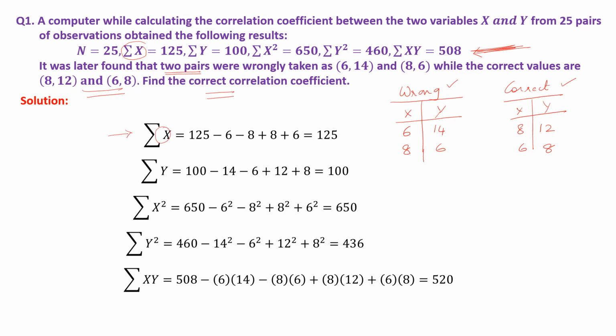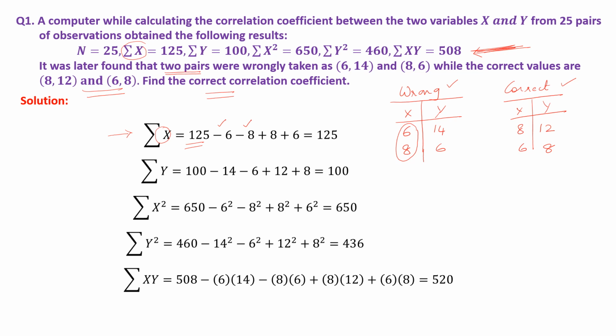So total of all x values is given to be 125, but the wrong x values were 6 and 8. That means we need to subtract these from the total, which is 125. So we subtract the wrong x values. I write it as minus 6, minus 8, and we have to make a correction.